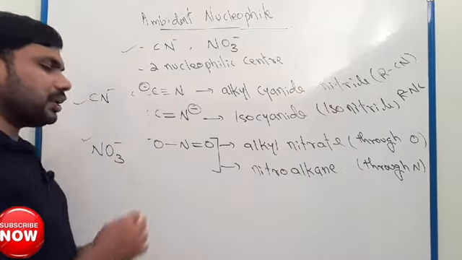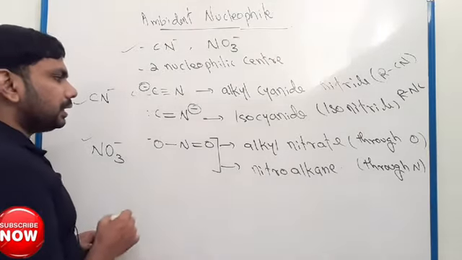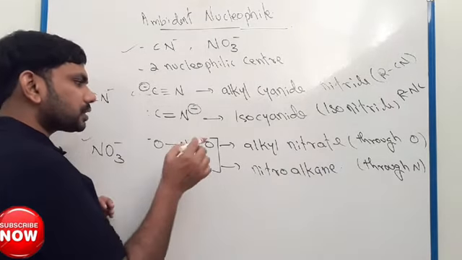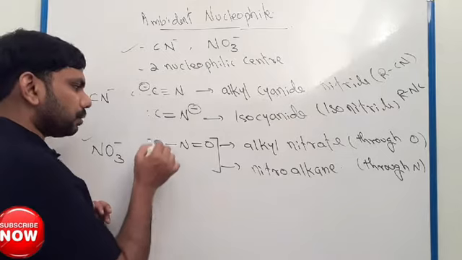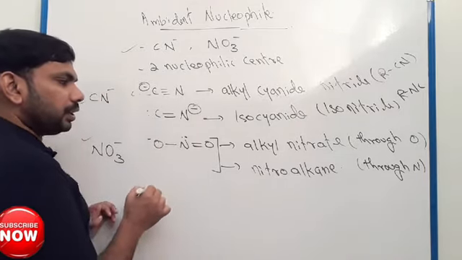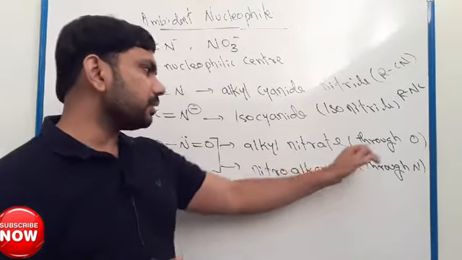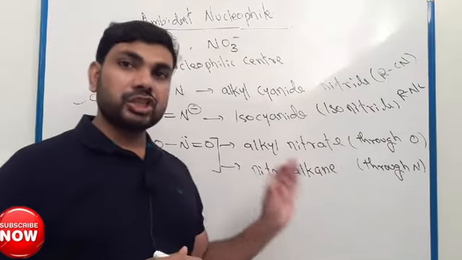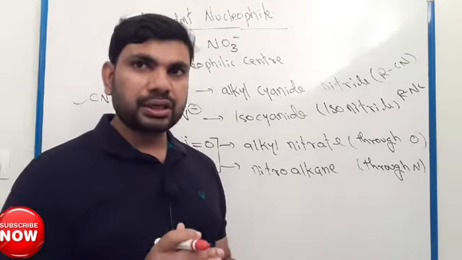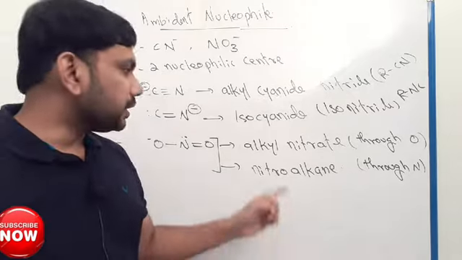Another one, the second one, NO2 minus. Here NO2 minus makes a bond through the oxygen atom or the nitrogen atom. Nitrogen has a lone pair of electrons. If NO2 makes a bond through the oxygen atom, then we say alkyl nitrite. If it bonds through the nitrogen atom, it is nitroalkane.